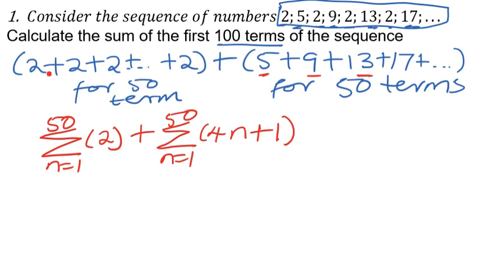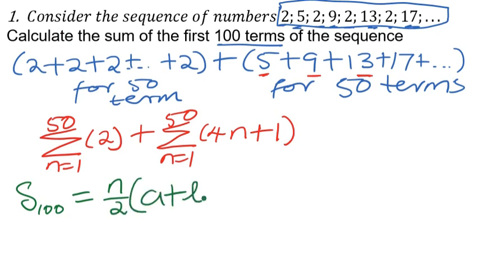Now, what we need to do is find the sum of 100 terms. For this part, we will have n over 2 times a plus l, because we know the first term and the last term. The first term is 2, the last term still is 2.